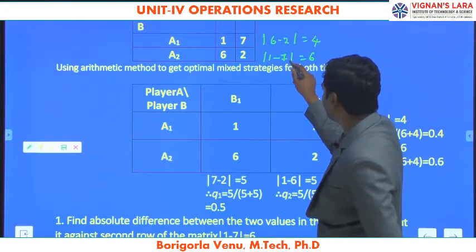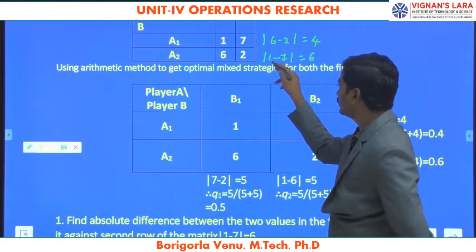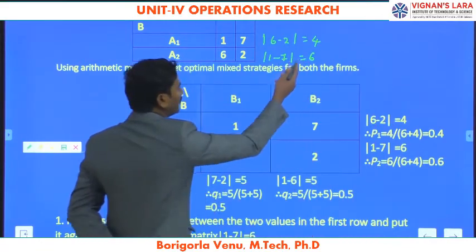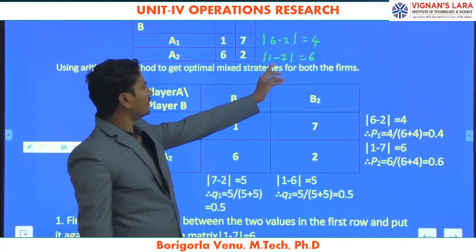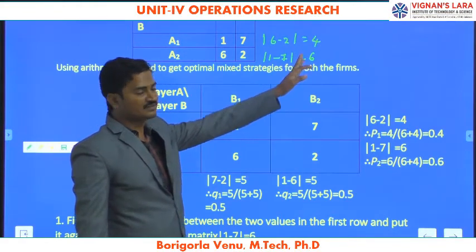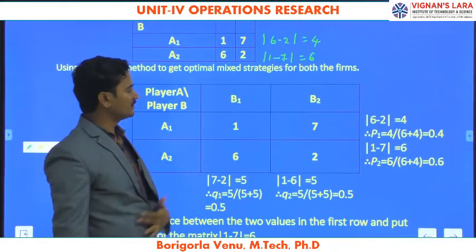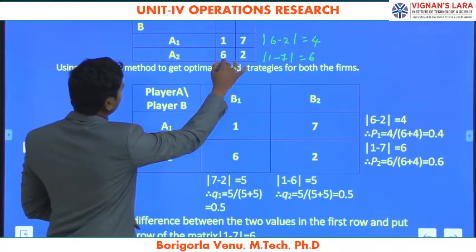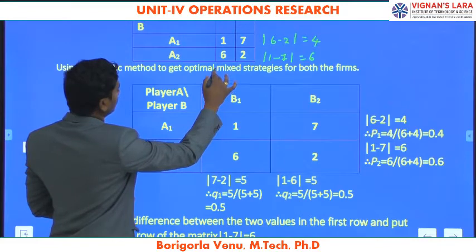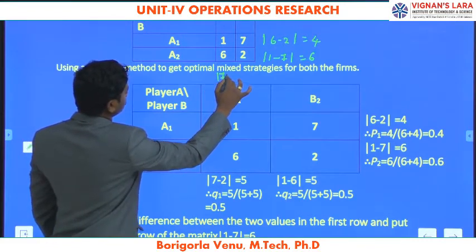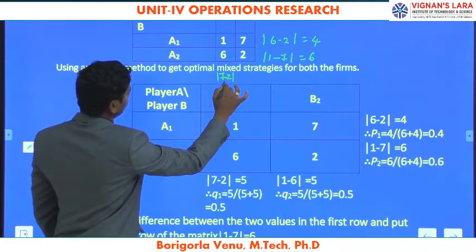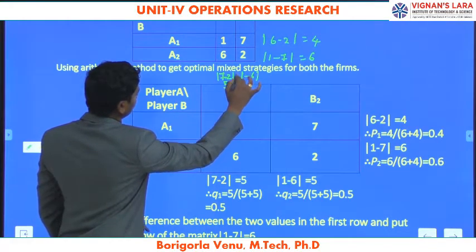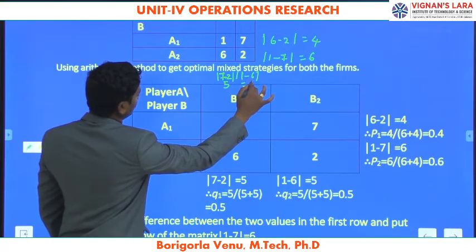We remove the signs, since actually 1 minus 7 is minus 6, so we get 6. Then for the columns, 7 minus 2 gives 5, and 1 minus 6 gives 5.